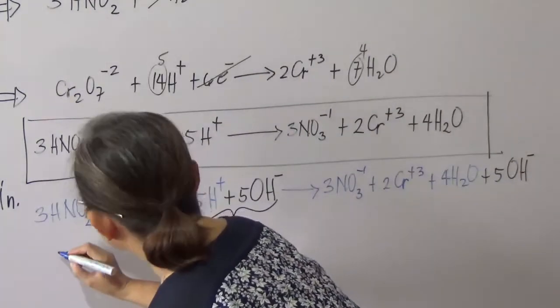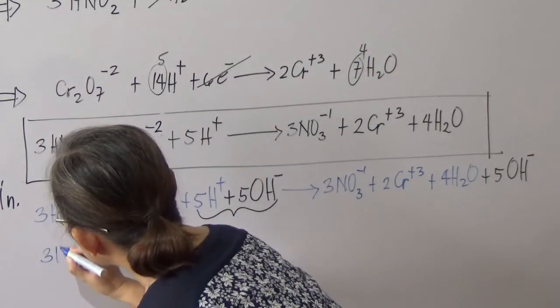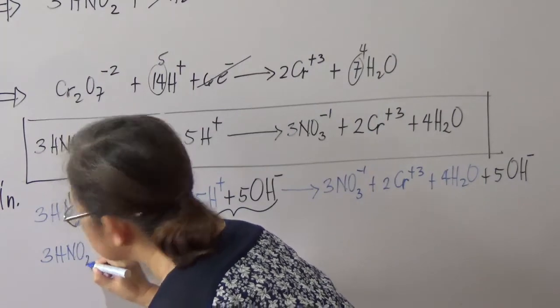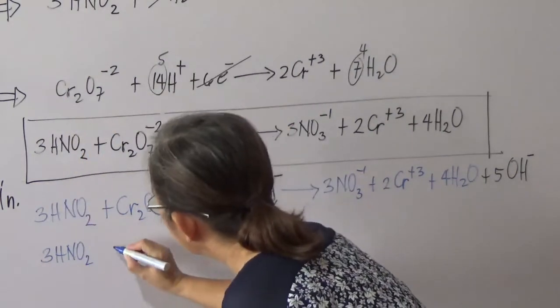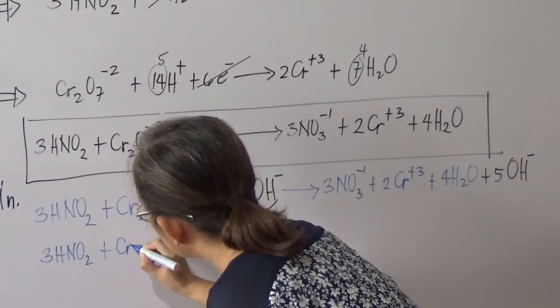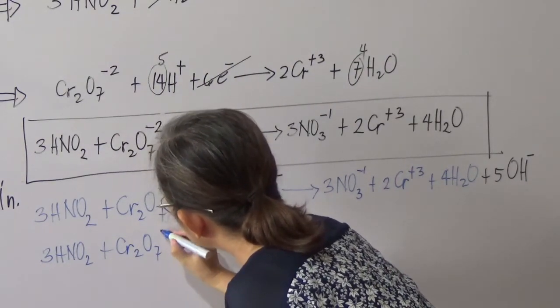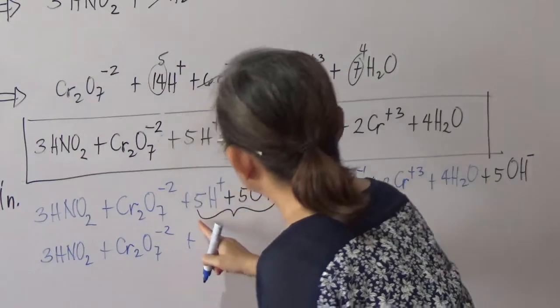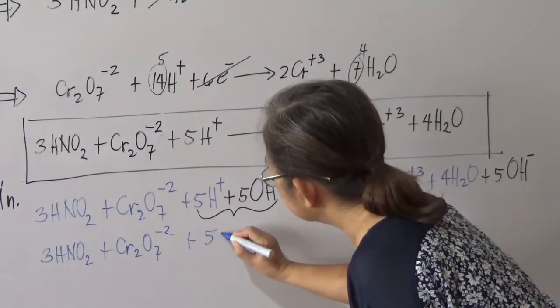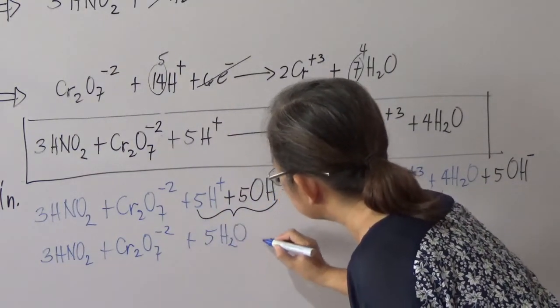So we'll have 3 HNO2 plus Cr2O7 negative 2 plus, this becomes water, 5 moles of water.